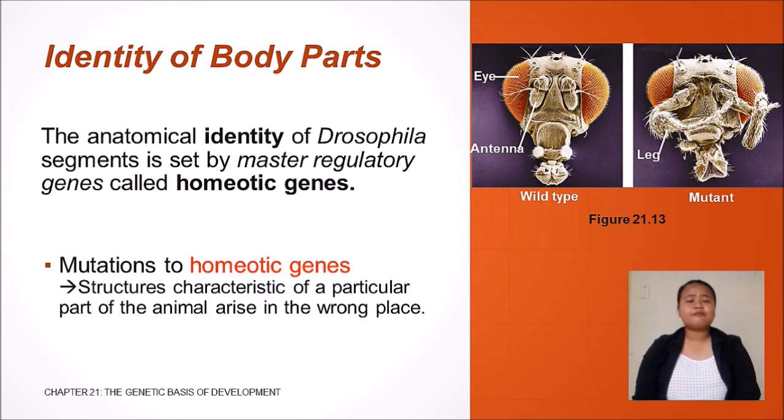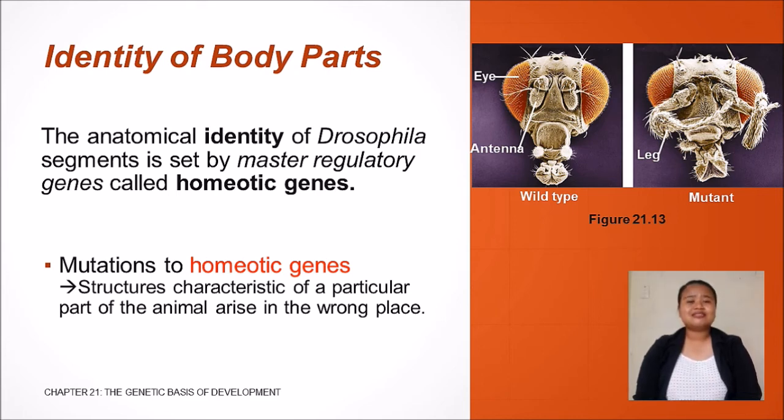The wild-type fruit fly has a pair of antennae on its head, while the mutant fruit fly has a pair of legs instead of an antenna on its head. What happens here is that there was a mutation in the thoracic gene of the Drosophila.